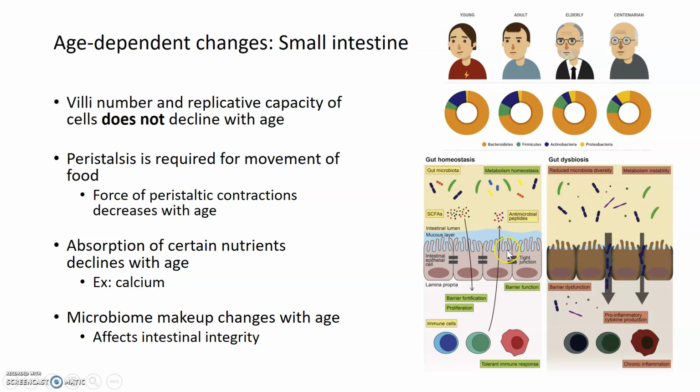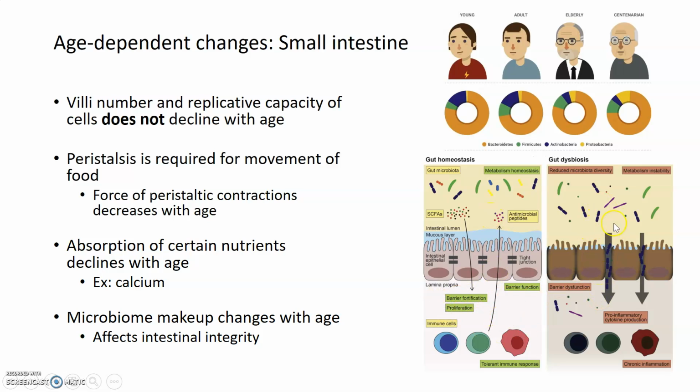And in addition, a change in the microbial diversity in the microbiome can lead to problems with the integrity of the intestine and actually create holes between what is normally a tightly closed epithelia that separates this intestinal lumen from the rest of your body.